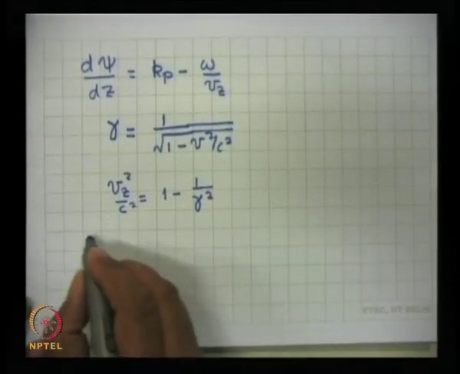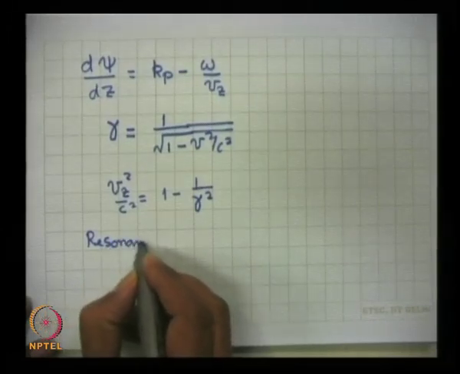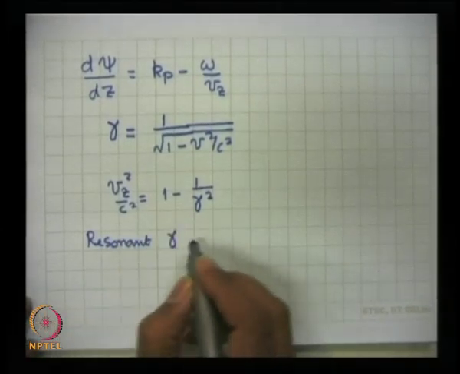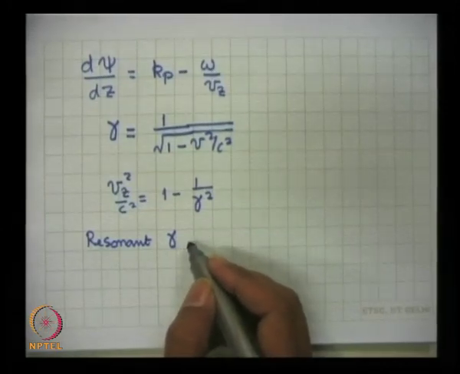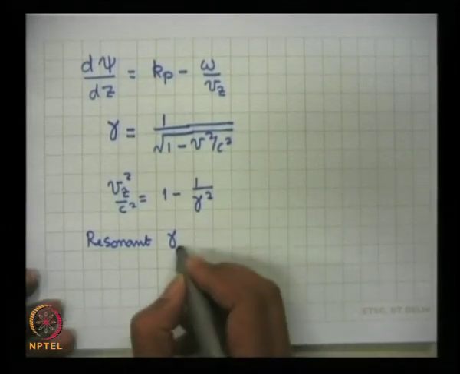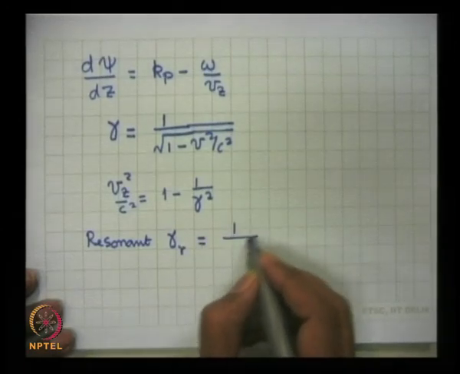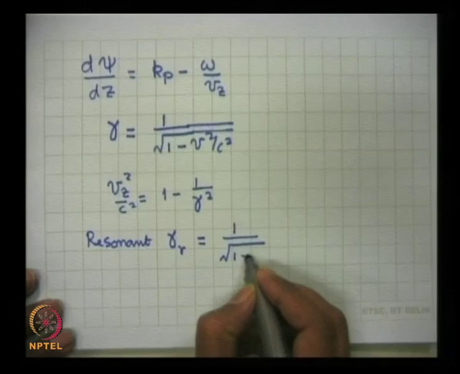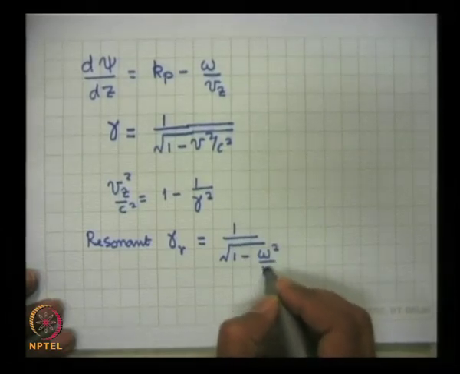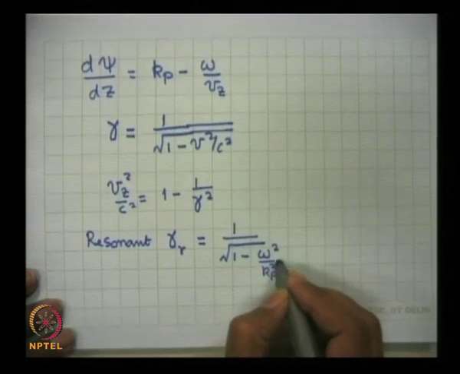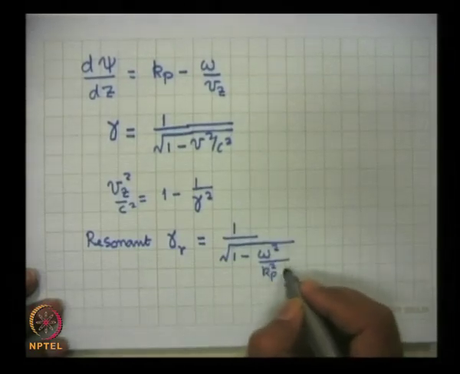One is the resonant gamma, the Lorentz factor of that electron that is moving with the phase velocity of the wave, so I call gamma resonant, is equal to 1 upon under root of 1 minus omega square by kp square c square. This is the velocity square of the electron if it is moving with velocity omega by kp.